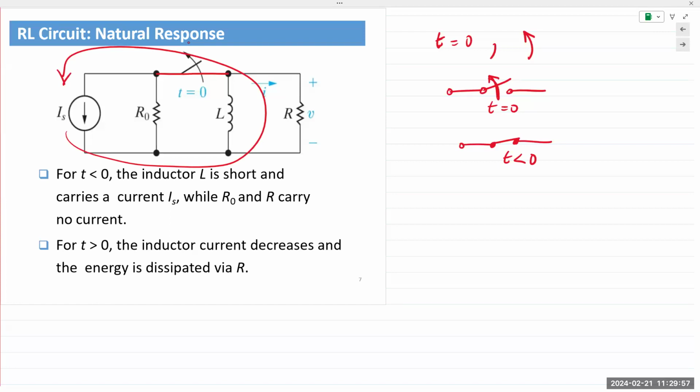What happens to the inductor if the switch was closed for a very long time? What happens to the source energy? A very long time simply means that the inductor has reached steady state. It is fully charged. When it's fully charged, the inductor behaves like a short circuit.